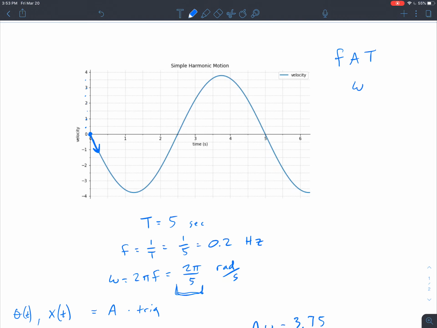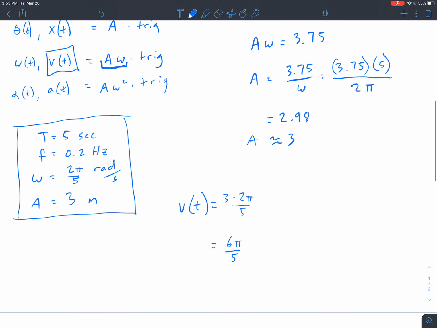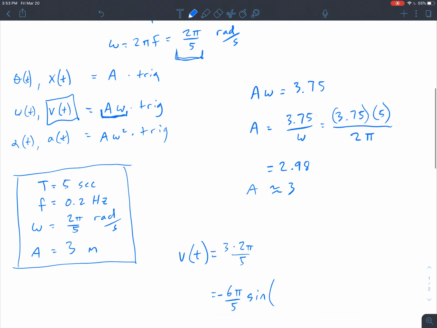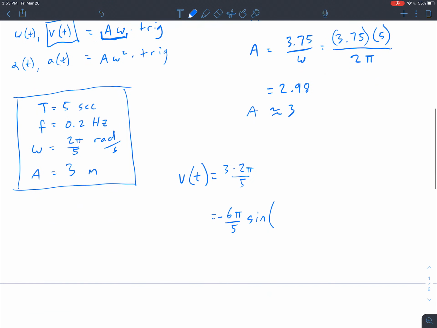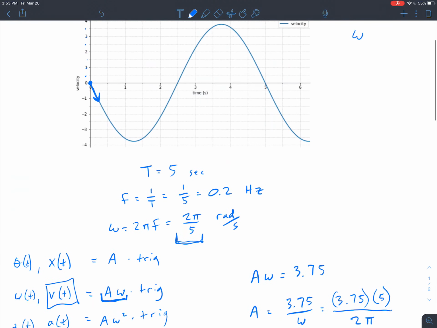So it's a negative sine graph. So actually, negative sine, and omega is, what do we say? Yeah, 2 pi over 5, 2 pi over 5 t. That is your equation for the velocity and the equation for this graph.